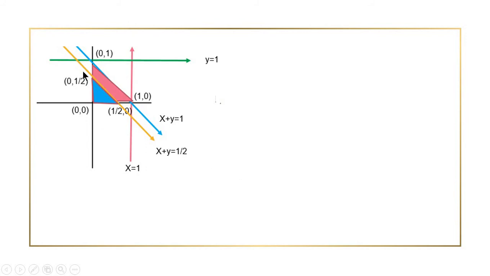I have drawn the figure once again. Now, let us consider a vertical strip in this blue colored region, because we have to find the limits of x and y. You know that for a vertical strip, the limits of x are constant.